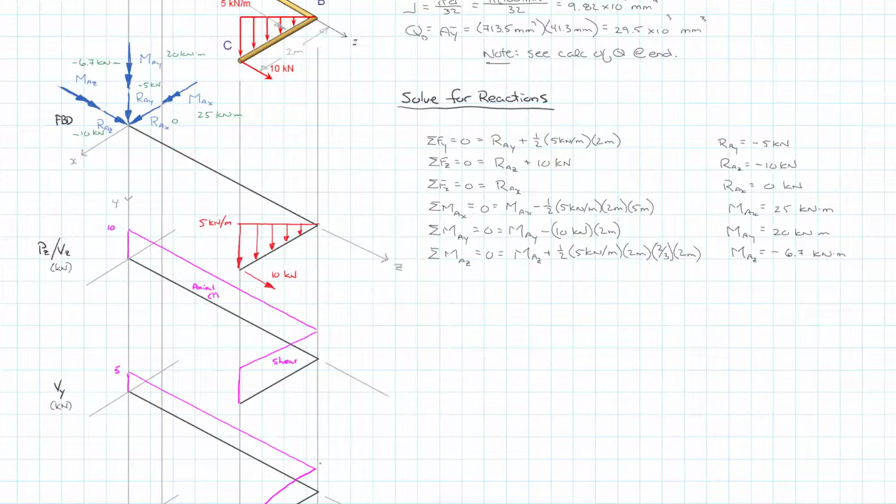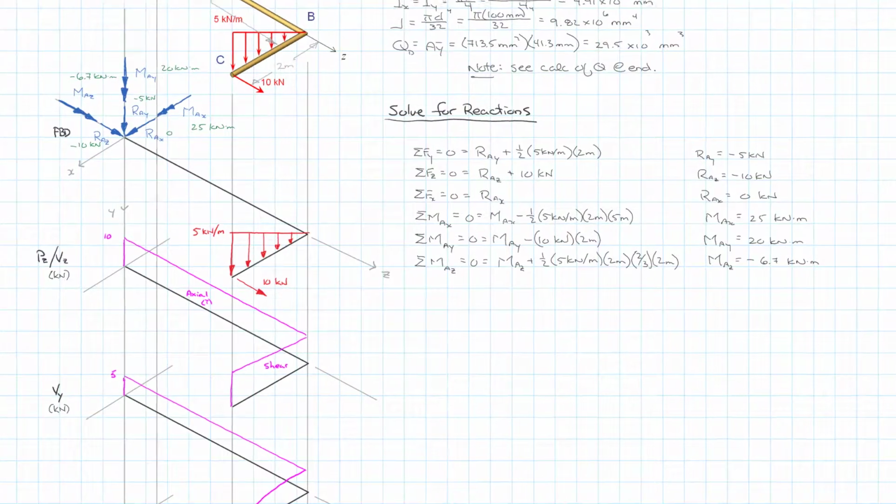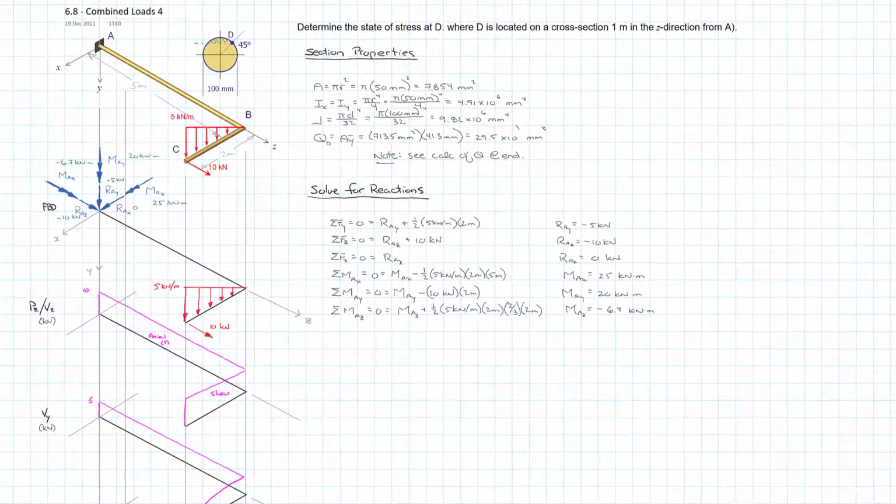And so we can draw that in. And so we have a constant 5 along A to B, and then it reduces in that format back down to 0. So I'm going to move up my diagrams here. Hopefully we can still keep track of what's going on. We don't want to get too far from our free body diagram.